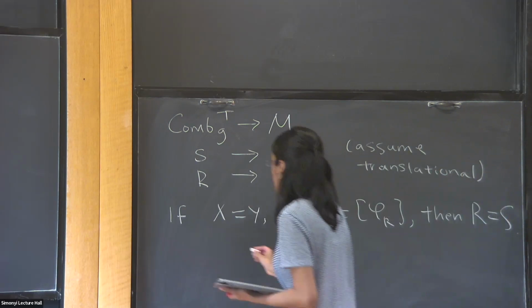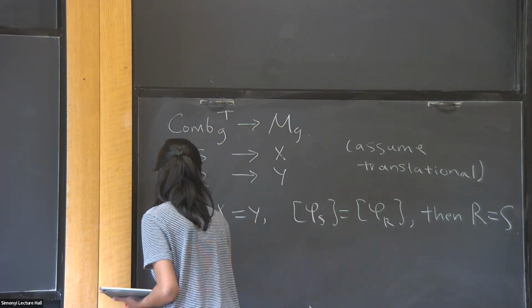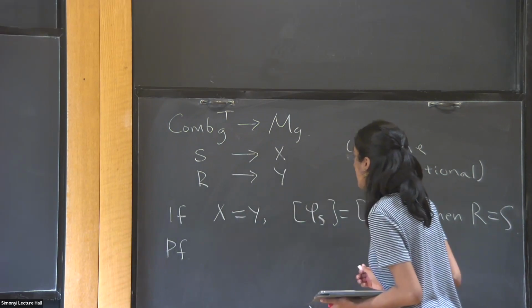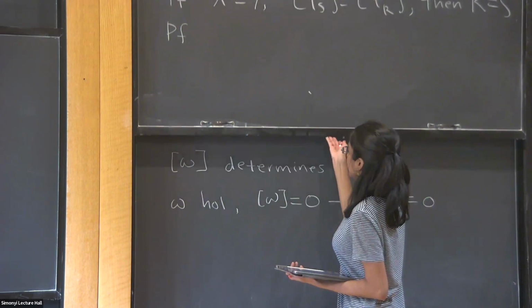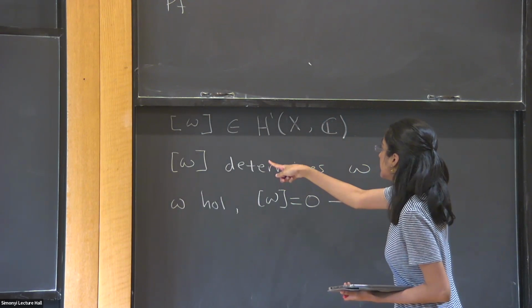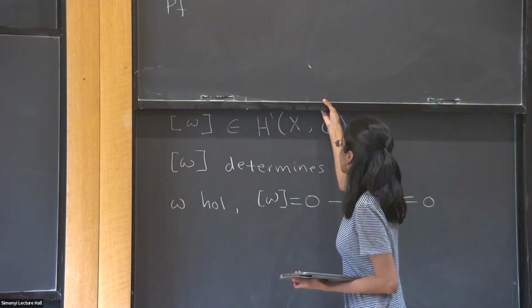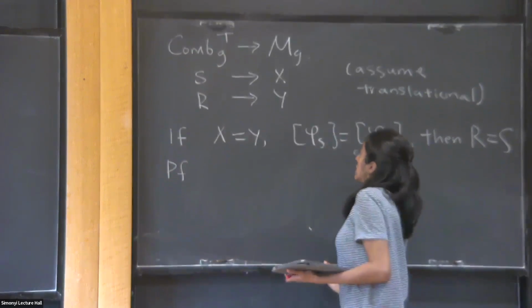Why is this true? So this board tells us that the cohomology determines the form.